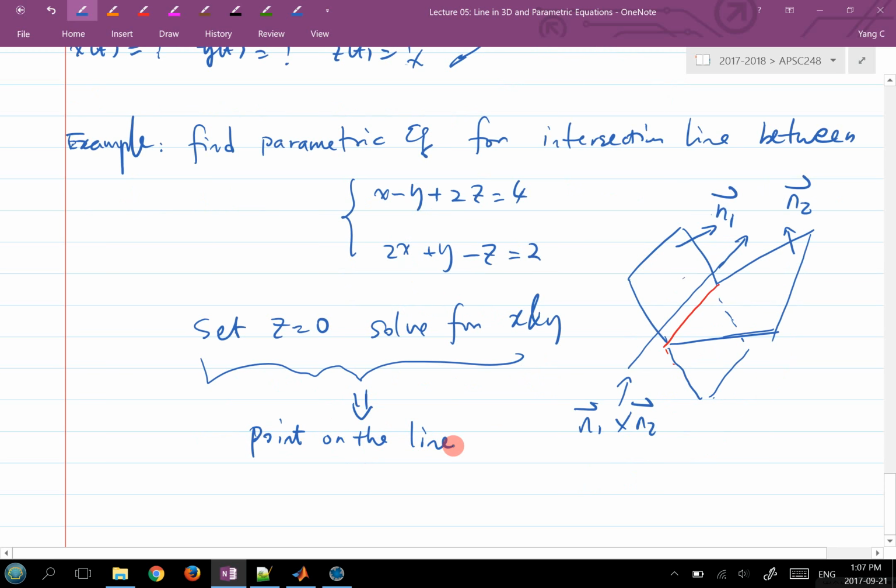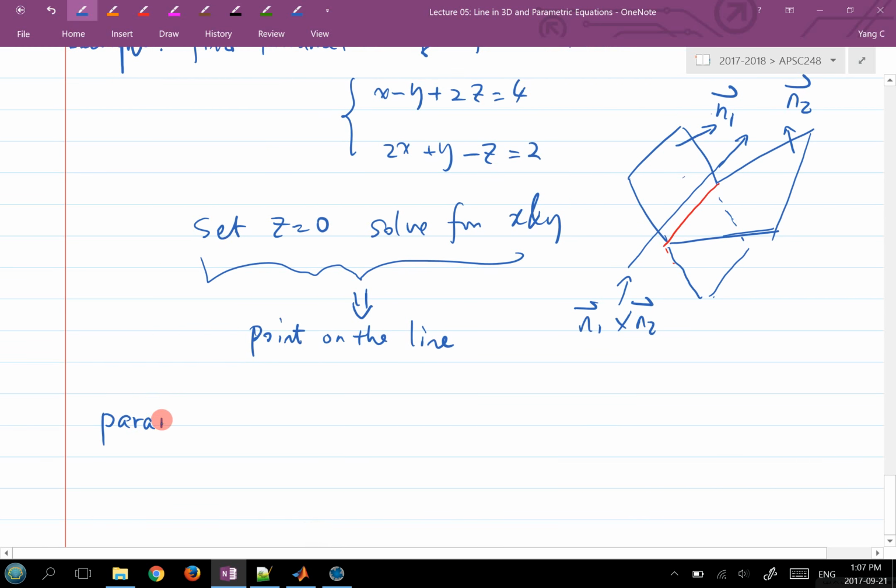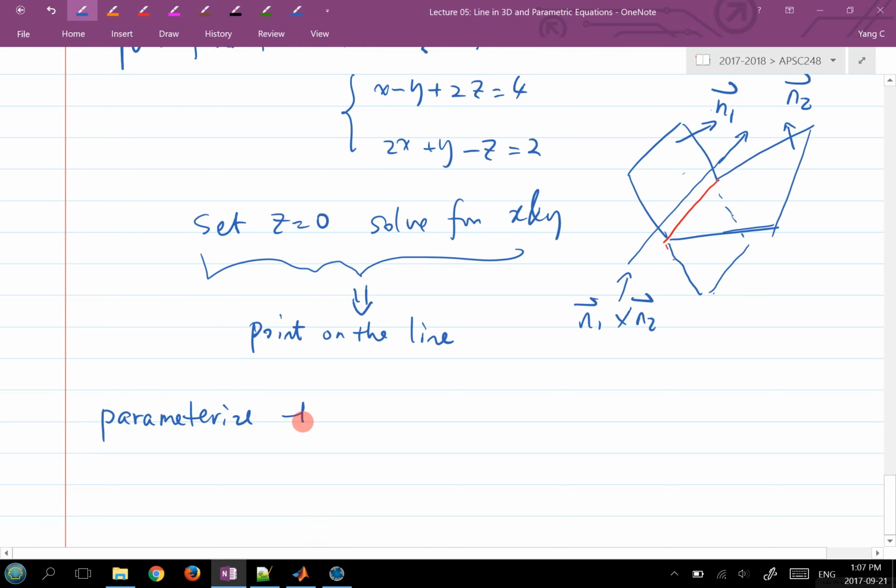But now I'll show you a fairly different way of getting a parametric equation. Maybe I should call it parameterize. Parameterize this question or this scenario.